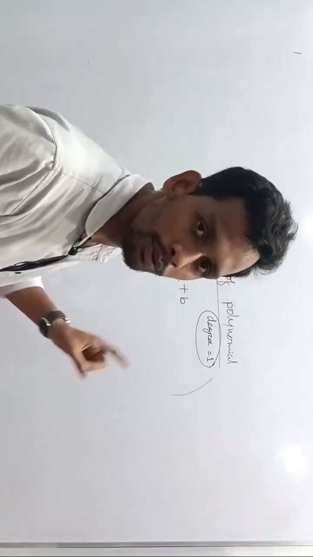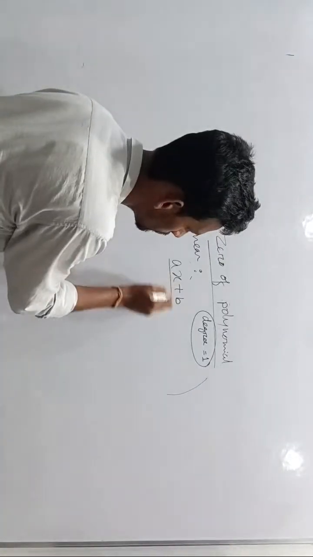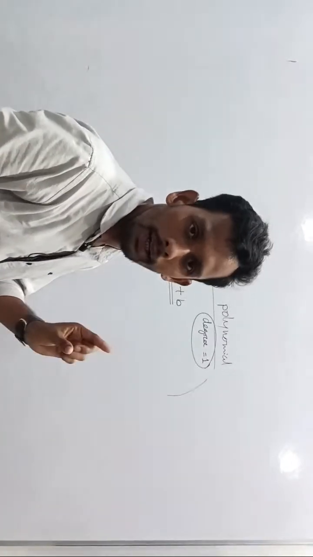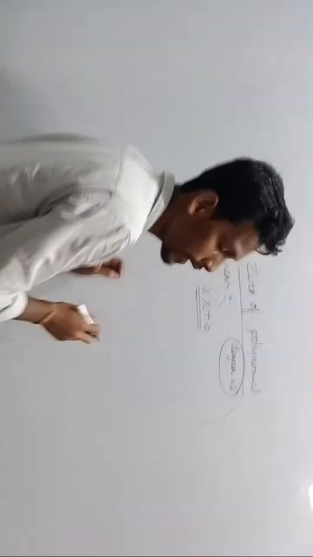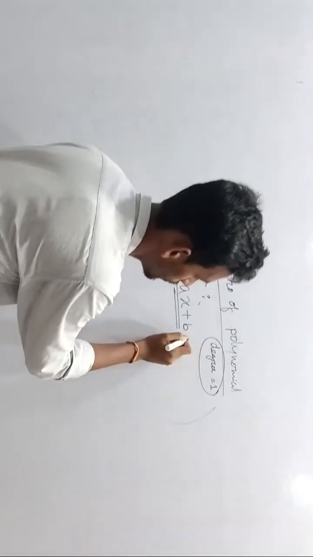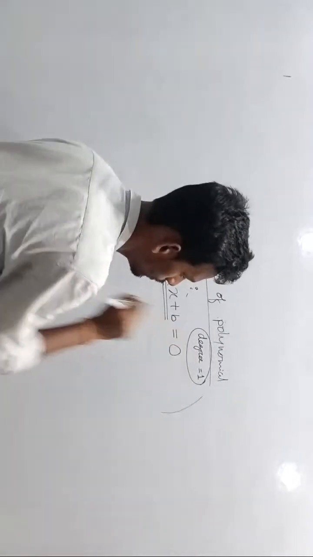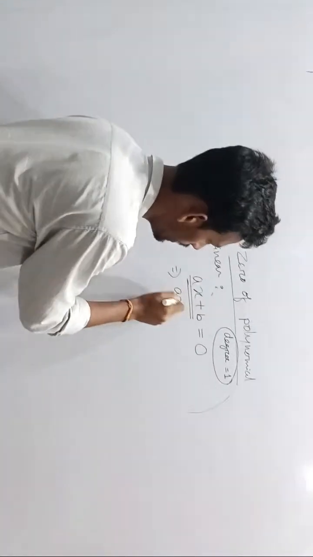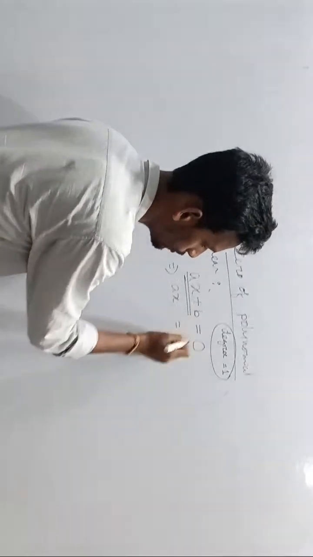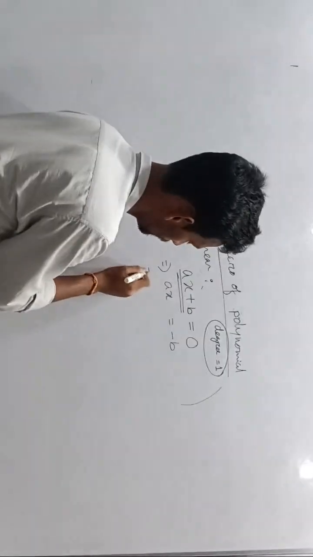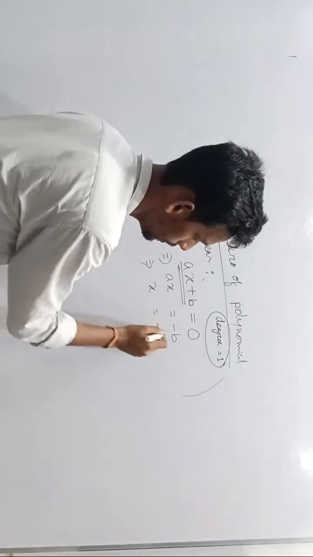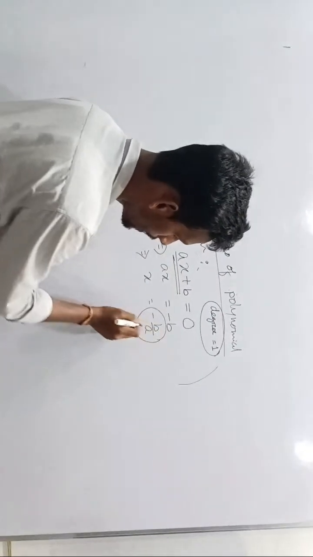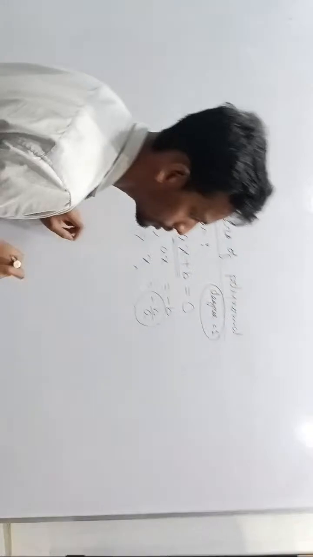Now see, how will you find the zero of this polynomial? In class 9 also you found that ax plus b is a polynomial. For what value of the variable the polynomial becomes 0, that is the zero of the polynomial. So ax plus b equals 0. Clear? If b goes to the right side, it will be minus b. So ax equals minus b, x equals minus b by a. Now you see, our expression is ax plus b.